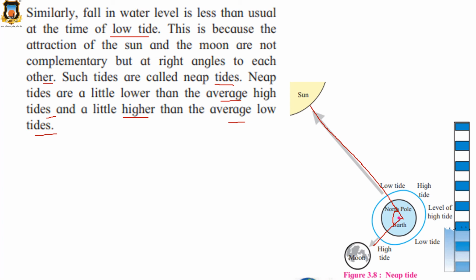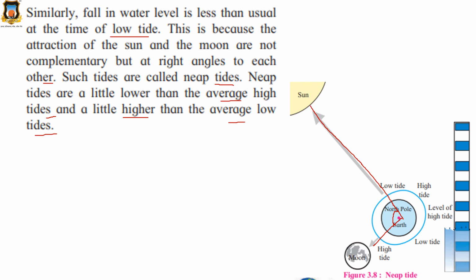In spring tide, the sun and moon are in the same direction and the gravitational pull is in the same direction, so it is greater. And when the sun, earth and moon are like this, when it forms a right angle, the neap tide takes place.